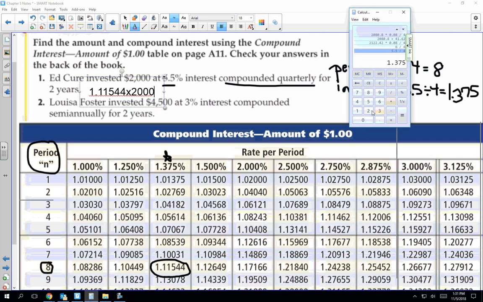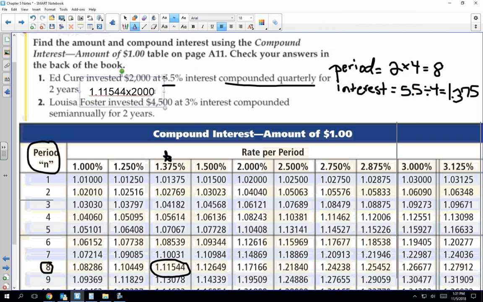You guys can see we go 1.11544 times the $2,000, and we get $2,230.88, but it wants to know, find the amount and the compound interest.